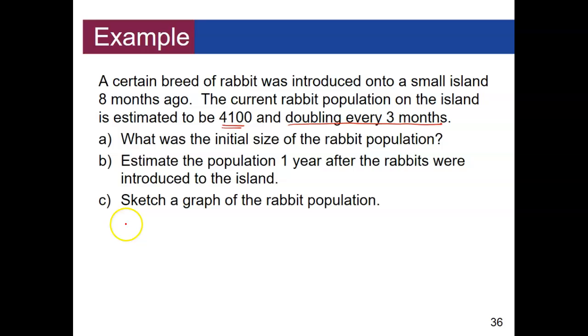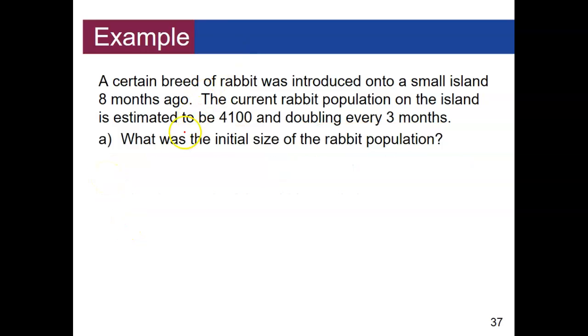So we're going to go to the model, N of t equals N sub 0 times 2 to the t over a. Okay, and we're going to figure out what we know of this. We know that currently there are 4,100 rabbits on the island. So basically what we're saying is we don't really know what we started with, but after 8 months, we have 4,100 rabbits.